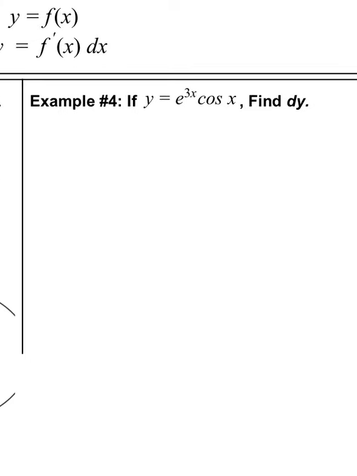The first step, we take the derivative of both sides. The derivative of y is dy/dx. We have to get the differentials to appear. Now we take the derivative of e to the 3x times cosine of x. If you remember, that's going to be a product rule because we're multiplying two separate functions together. So 1d2 plus 2d1.